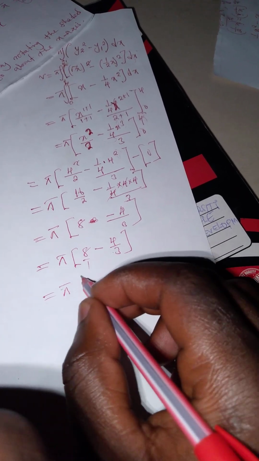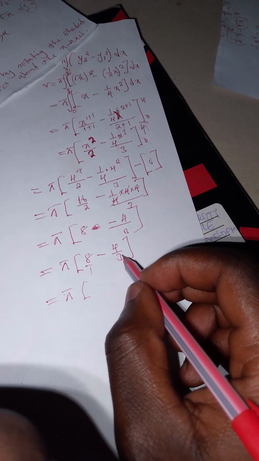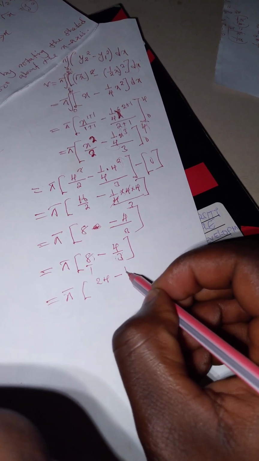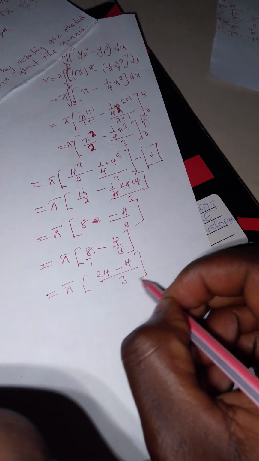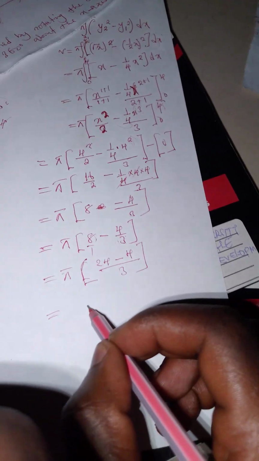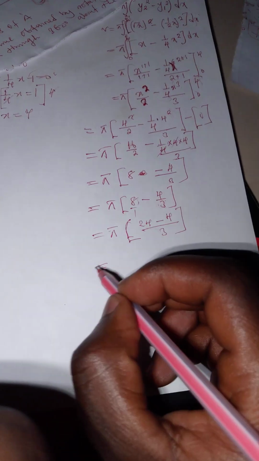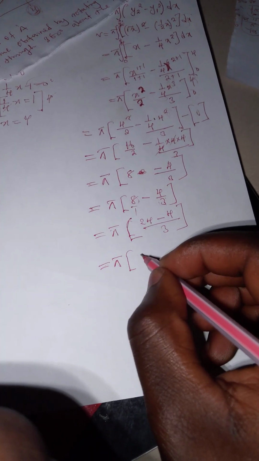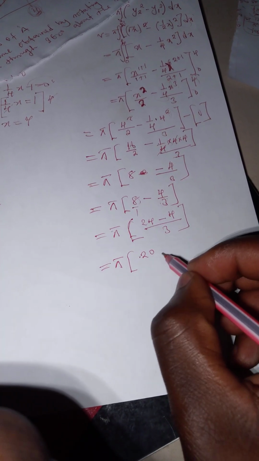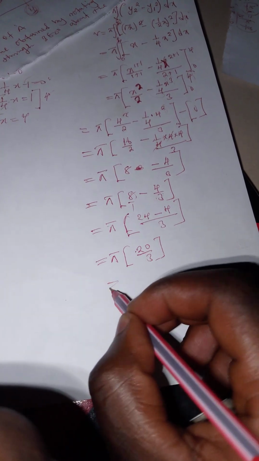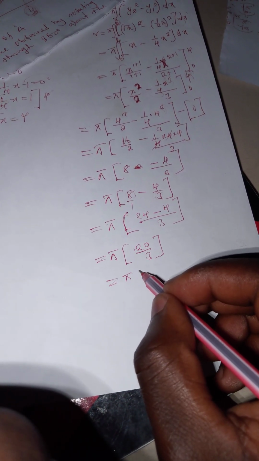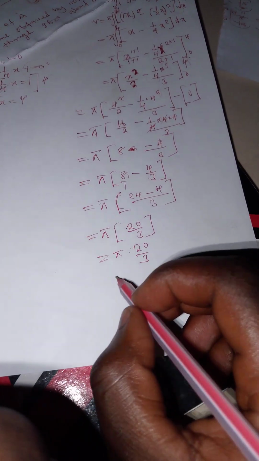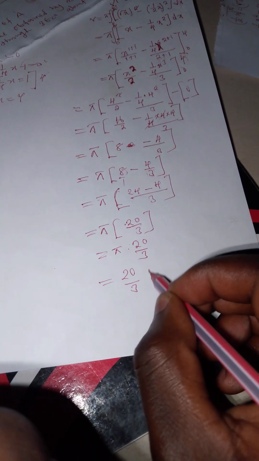This is pi multiplied by 3 times 8, it is 24, minus 4 over 3. So this is pi multiplied by 24 minus 4, it is simply 20 over 3. Then this will simply be 20 over 3 pi.